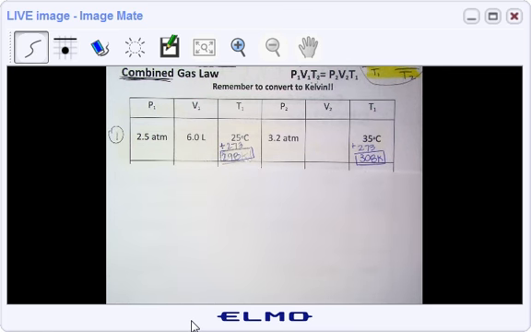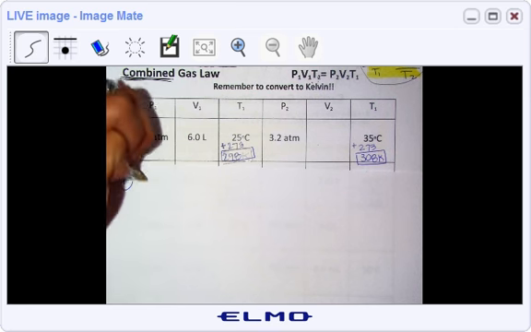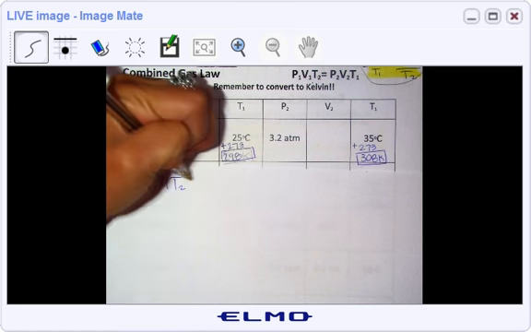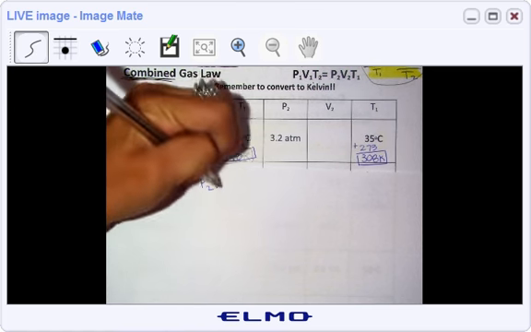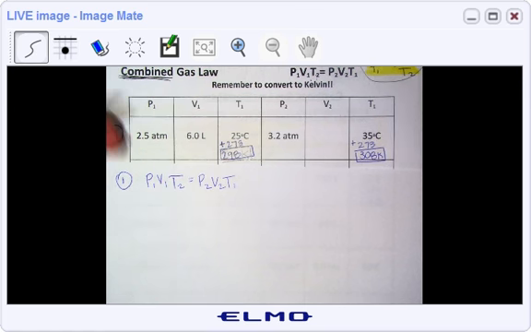I'm going to show my work on the paper below. I'm going to plug everything in. Okay, so my P1 is right here.